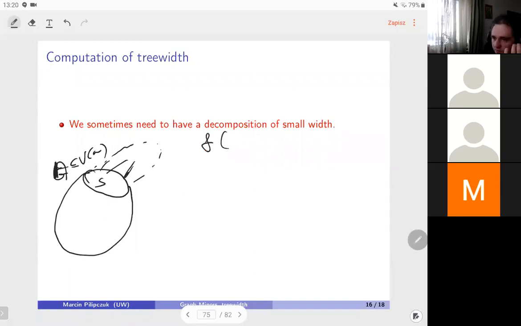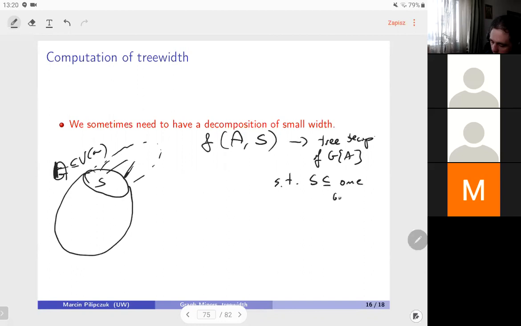If I invoke the function f for the set A and set S, I want from it a tree decomposition of G of A that I can attach later, using S as a separator. So S should be contained in one bag of this tree decomposition.